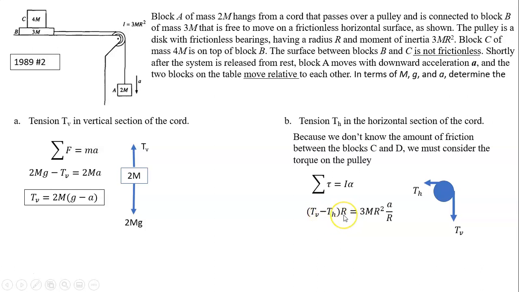Torque equals force times the radius. That equals I, which is 3mr squared, times alpha. Alpha is a over r. So from here, we can solve for TH. As you can see, r cancels. TH is just TV minus 3ma. So you know what TV equals. When you subtract, that's what you should have.